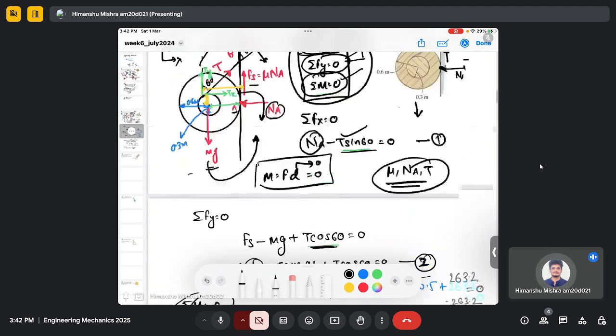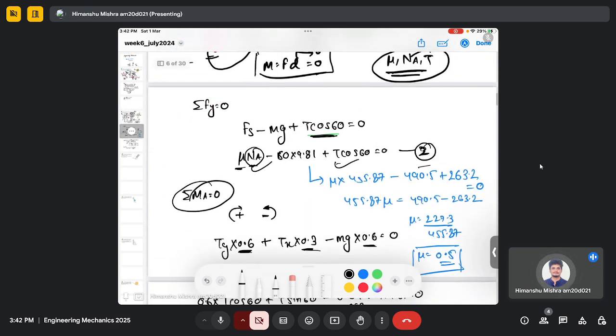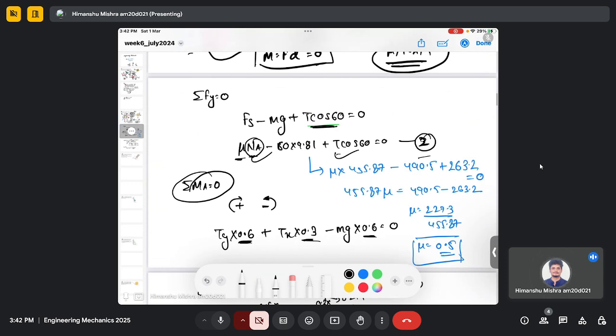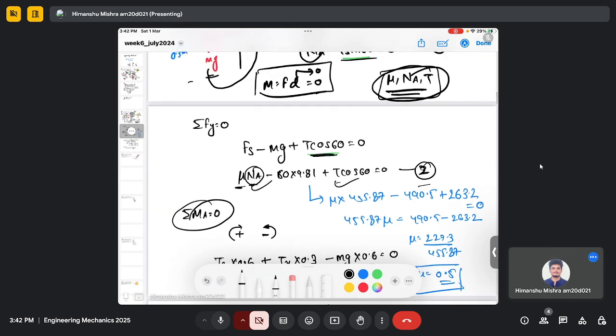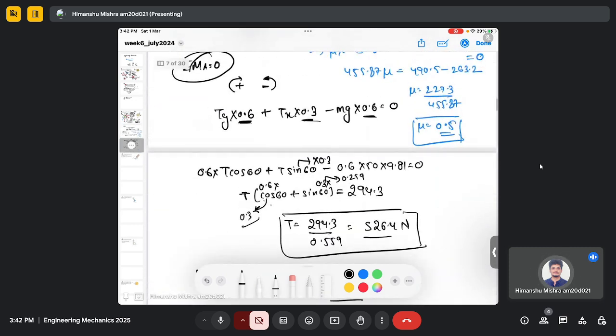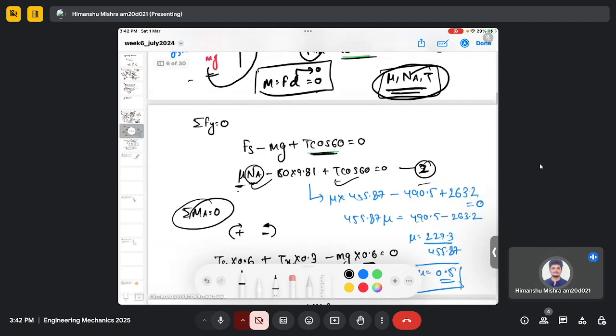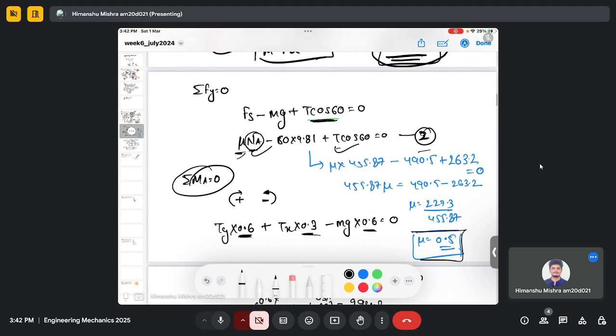So we need another equation, the moment balance equation, and then we have three equations and three unknowns. The remaining part is just algebra. From the moment equation, you found one of the unknowns, which is T. Then when you substitute in equation 1, you found Na, and from equation 2 you get mu, which is 0.5.